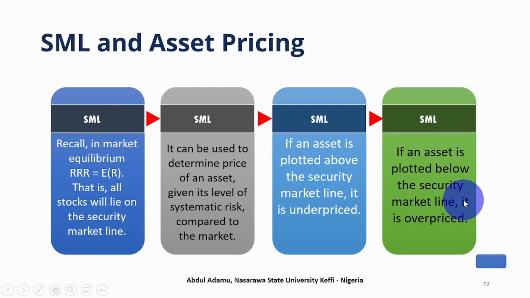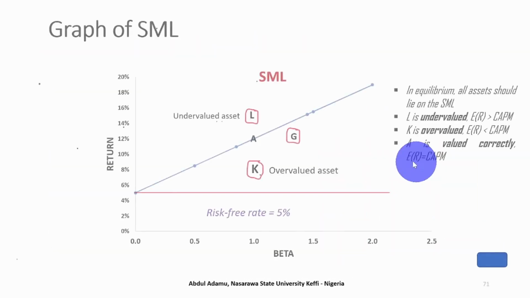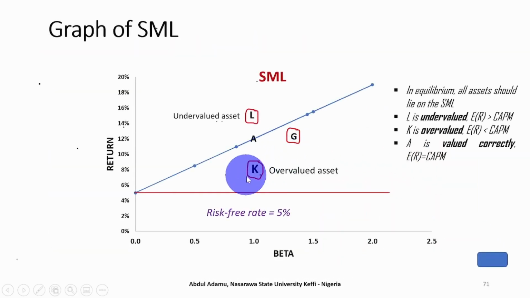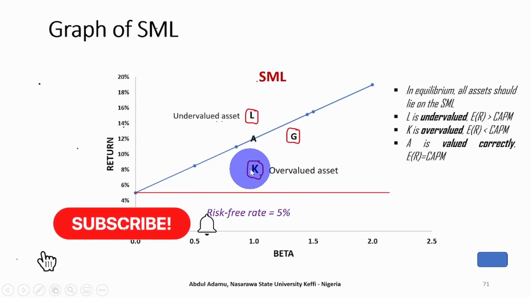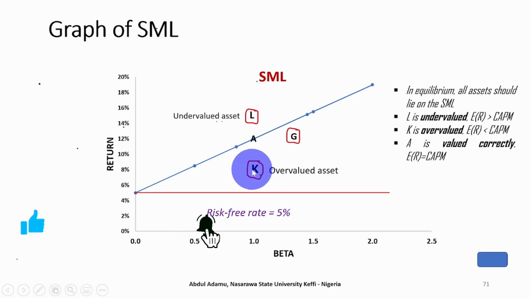Now, if an asset is plotted below the security market line, it shows that the asset is overpriced. So let's go back also to our security market line. You can see the assets K and G are below the security market line. It shows that this asset's required rate of return is less than 12% at a beta of 1.